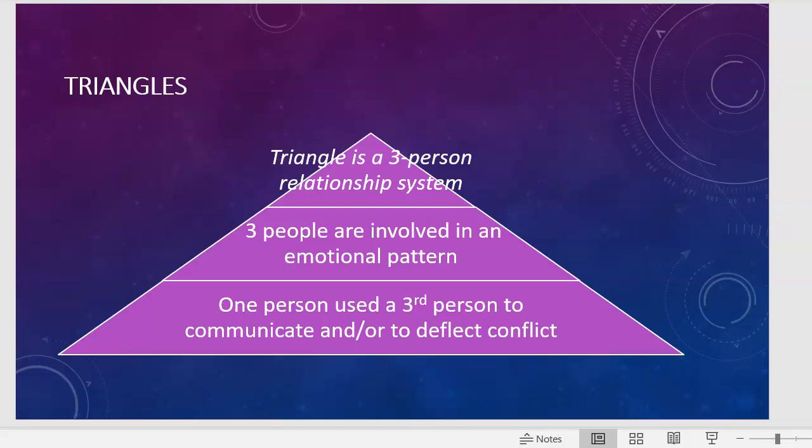So any three-person relationship can be triangulated, where the third person is either used in some way, or is an outsider who is not privy to what is actually happening between the two other people. These are very important to identify, because whatever is going on between two people will have a huge impact on the whole family system.